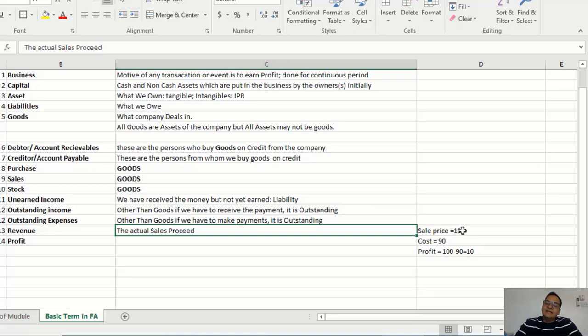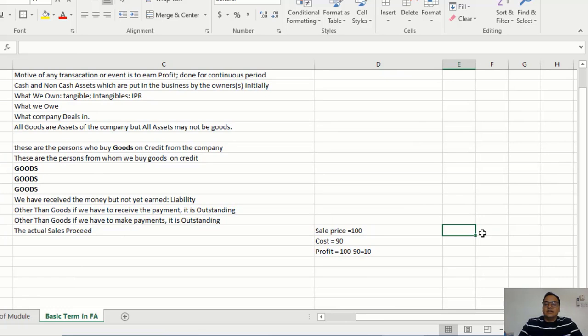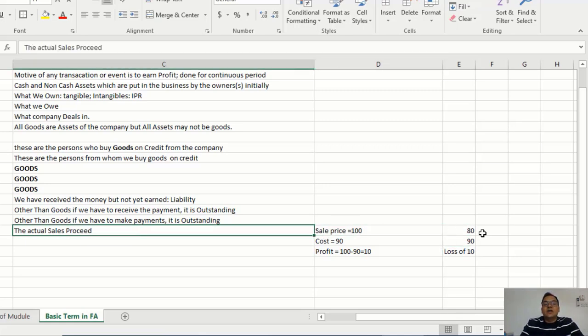Now, if I change the sale price to 80, cost is 90 only. So what will be the profit? No, sir, it is going to be a loss of 10, because sale price minus cost price is my profit or loss. So in this case, how much is the revenue? Again, by selling the goods, how much did you get?